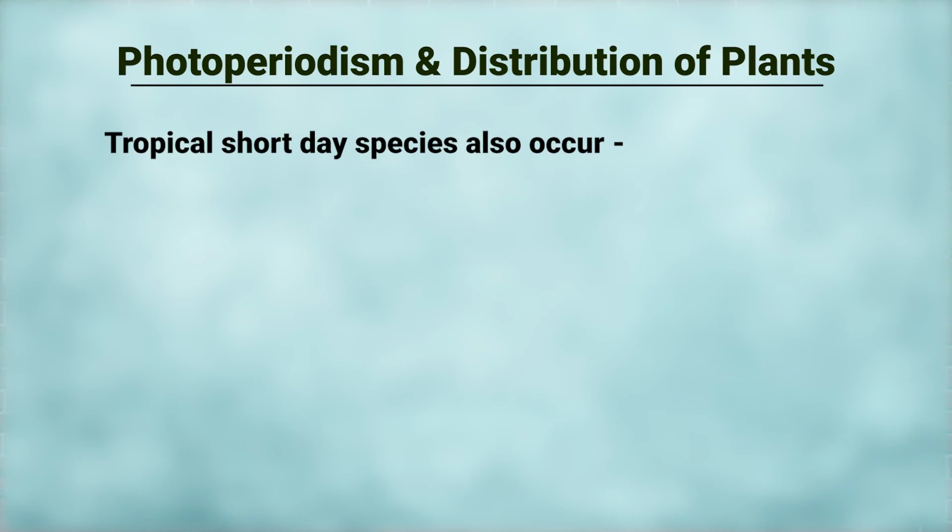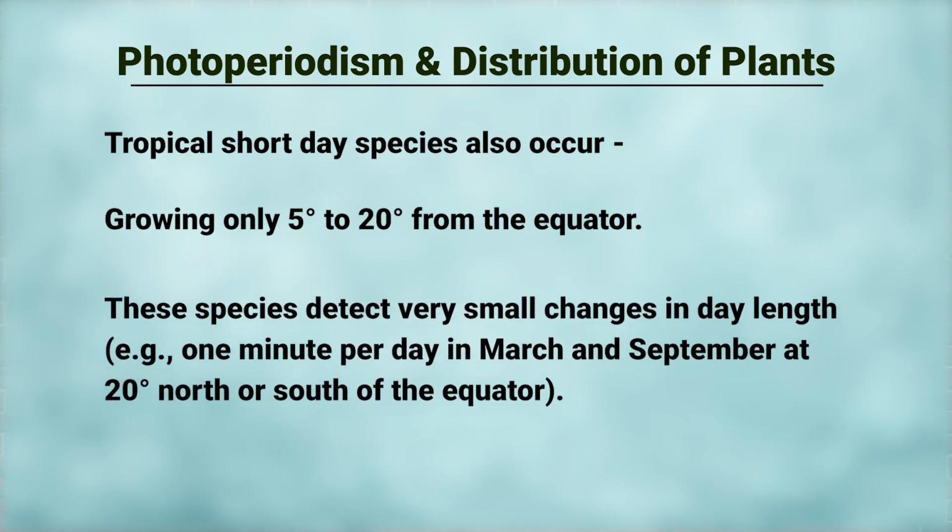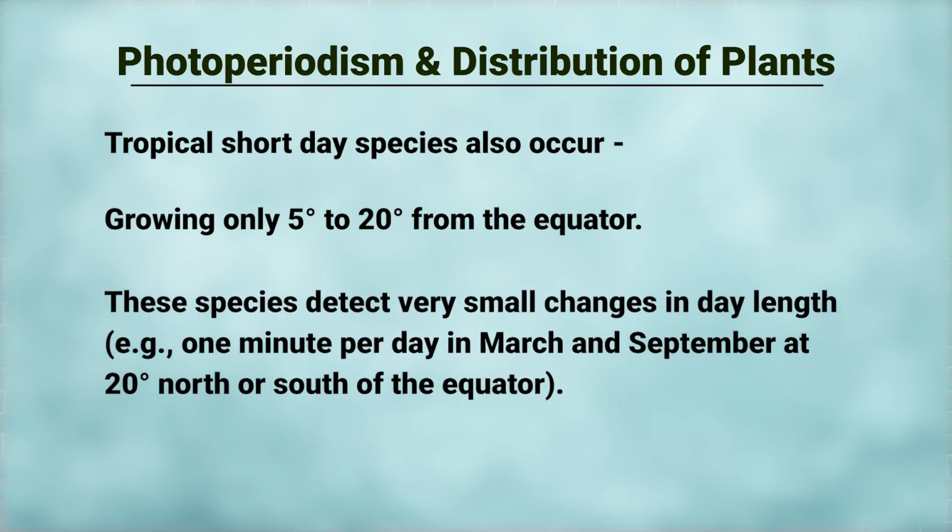Tropical short day species also occur, growing only 5 to 20 degrees from the equator. These species detect very small changes in day length, for example 1 minute per day in March and September at 20 degrees north or south of the equator.